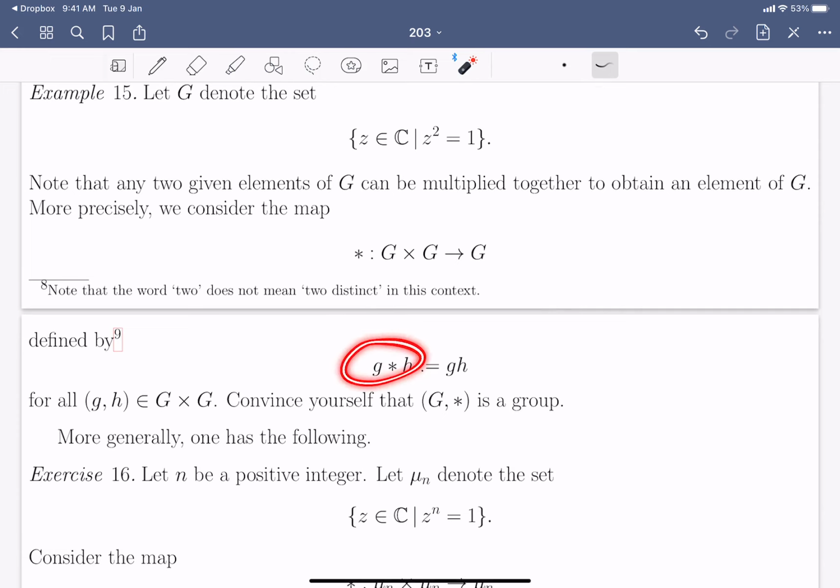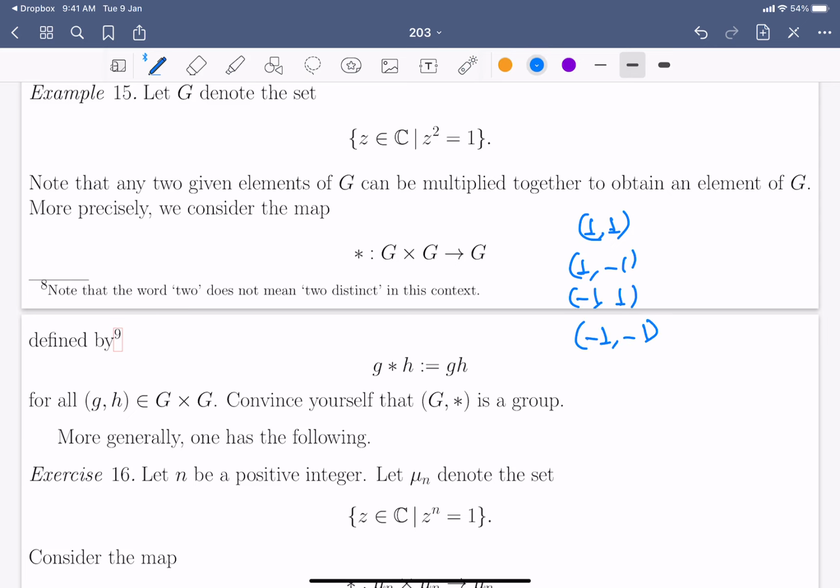So if you pick two elements from G, what are the possibilities? It could be 1 and 1, and in that case you're defining this to be their product. Let me write it down. The choices are just 1, 1, or 1, minus 1, or minus 1, 1, or minus 1, comma minus 1. In any of these four cases, the composition is defined to be the product.